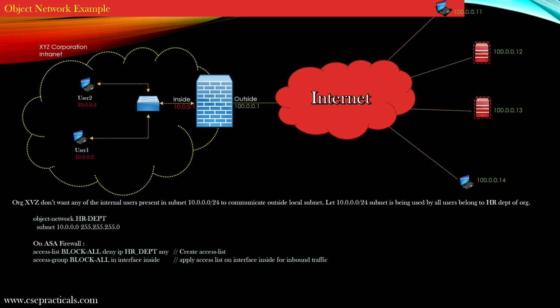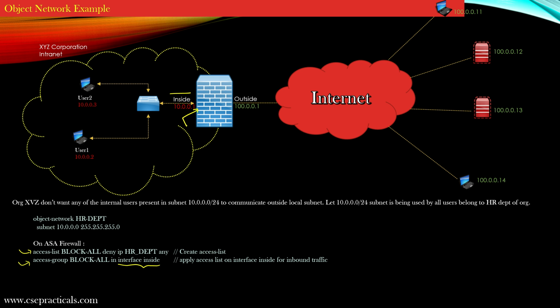Now again, you don't have to go into very much detail on this access control list because it is a subject that we are going to discuss separately. Now, as a second step, the user is attaching this access control list on the inside interface of the firewall, that is on this interface.